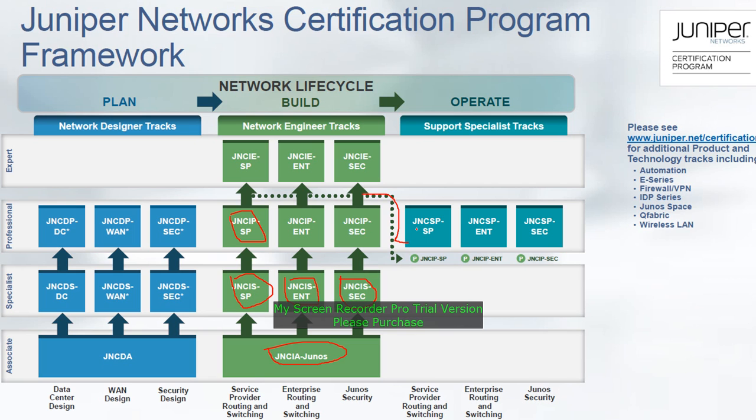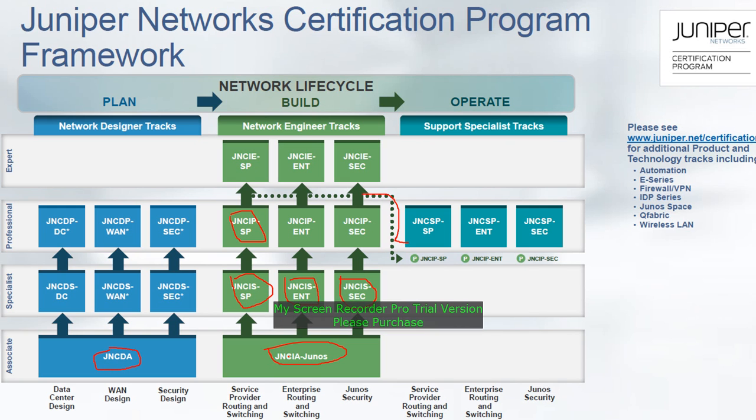The prerequisite for that is a professional level certification, then you can achieve the support track. And there is one more track which was started recently by Juniper, almost six or seven months ago, which is JNCDA, Juniper Networks Certified Design Associate. This is a common platform for data center, WAN design, and security design. This is also a $100 exam.